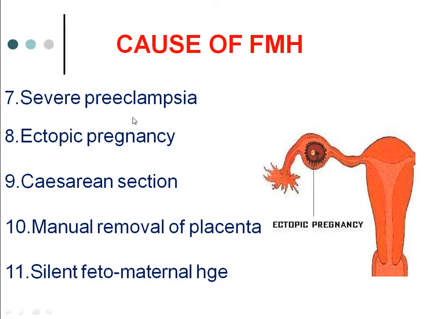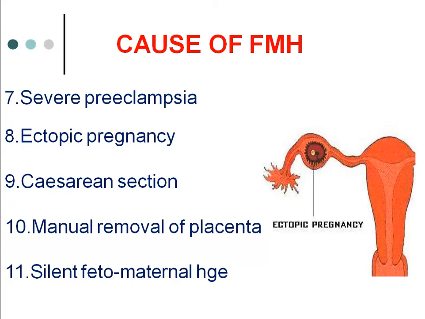The other conditions which give rise is severe preeclampsia. While doing a cesarean section, the chances are there, you are taking out the baby and the placenta, the blood may trickle down into the peritoneal cavity. So during the cesarean section, and sometimes while manually removing the placenta, if it is adherent or there may be retained placenta inside the uterine cavity, while taking that out, there may be leakage.